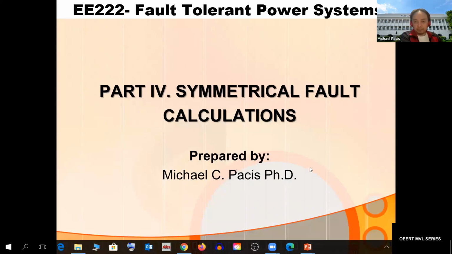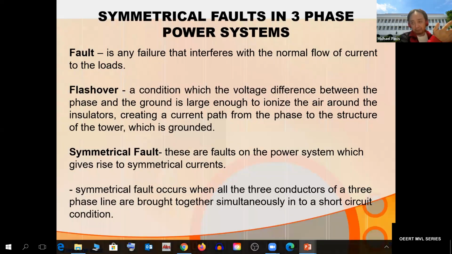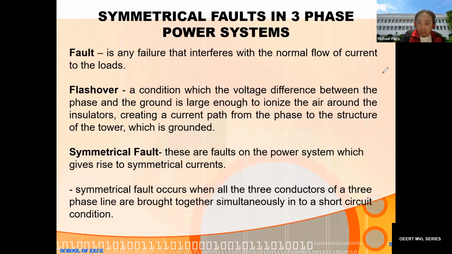Okay, let's move forward. Now, we know a fault is any interference with the normal flow of current. So we have two things here: an overload and an overcurrent. Overload is just about 10% over the full load current, while the overcurrent is 20 to 100 times the normal current.